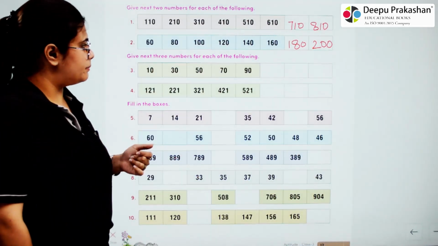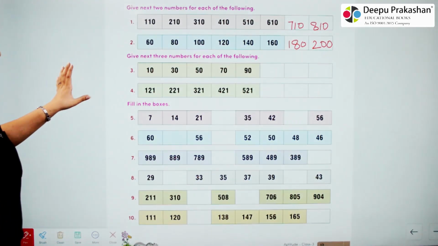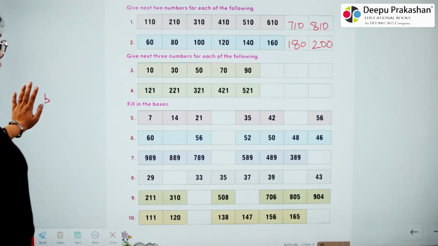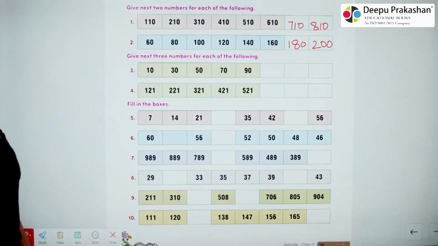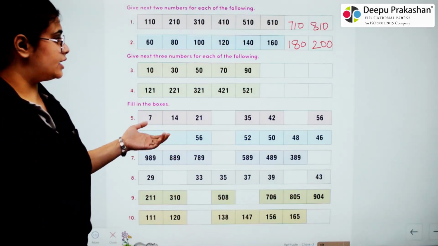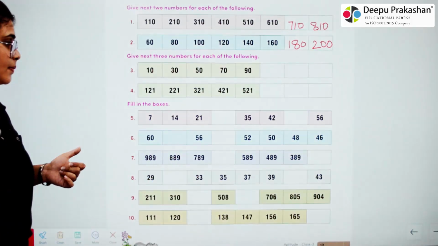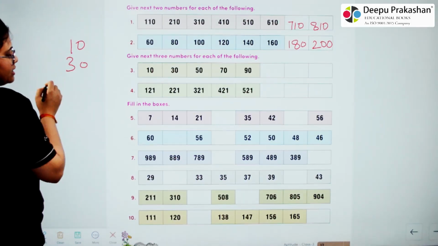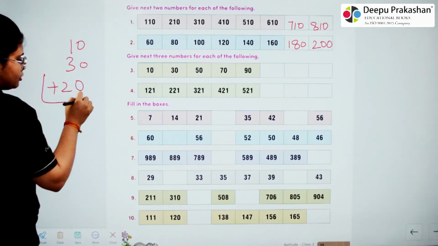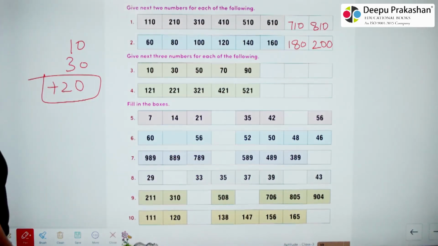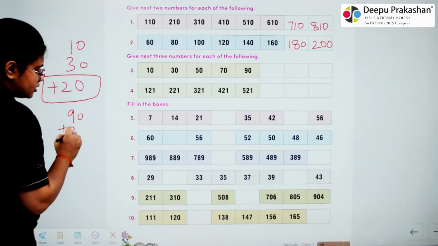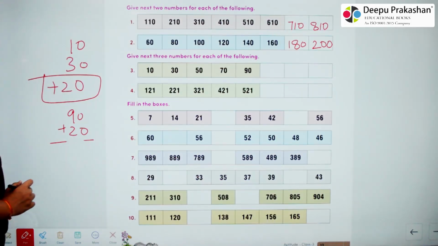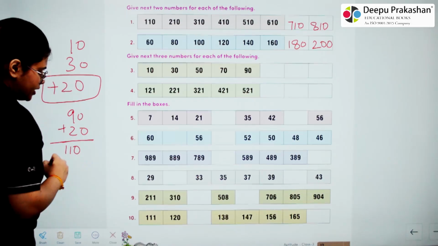Give next three numbers for each of the following. So here also we have to find the next numbers from looking at the series. Third, we are given 10, 30, 50, 70, 90. Here also, if we look at the first two numbers, we can easily say that there is an addition of 20. So to find the number that will come after 90, we need to add 20 to it and we will get the answer as 110.